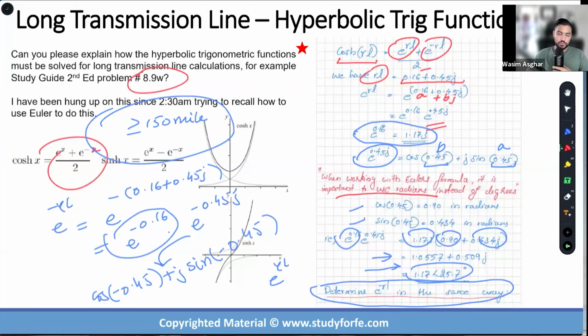That is not true for short and medium transmission line models. Do you see any variable L in the ABCD parameters for short and medium? No, we don't. We simply take the parameters in and out. Okay. So the long transmission line models, whether you're dealing with a 150 mile or 1,000 mile or 2,000 miles, the hyperbolic functions are including the length, and that is helpful. And that's how we deal with it.